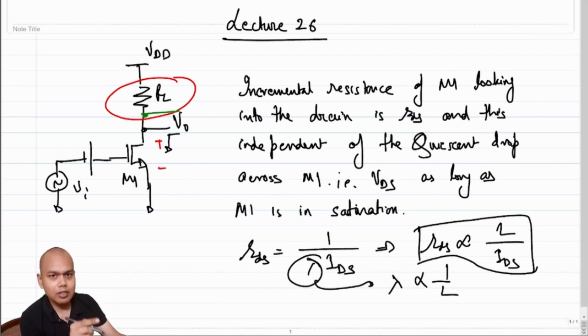Since the current ultimately has to flow from top to bottom, the drain has to be at lower potential, which means we cannot use an n-MOS transistor. So we went in search for another device, and as it turns out, a complementary device exists. It's called the p-MOSFET, right?